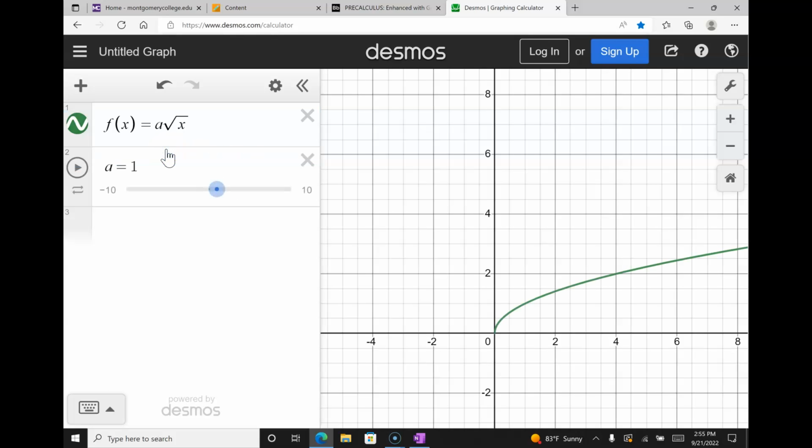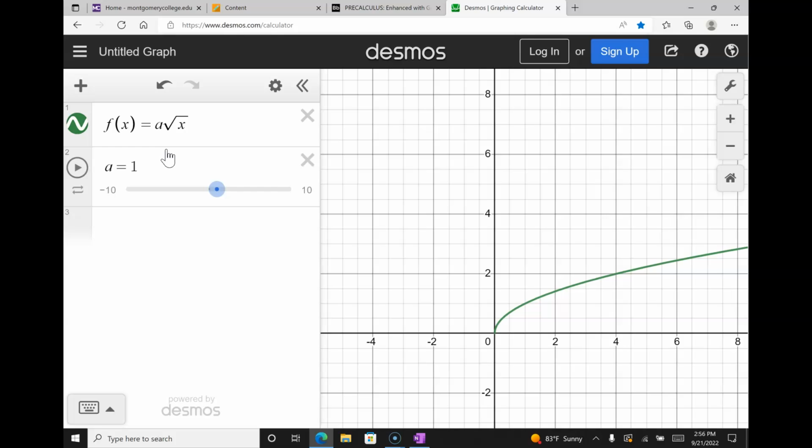So there's my mother function. If a is 1, you agree? It's just square root of x, right? I want to show that if I change a to be larger, the graph goes up. It gets stretched up, right? It's no longer the same shape. It's now transformed. And if a goes smaller, it crunches it down.